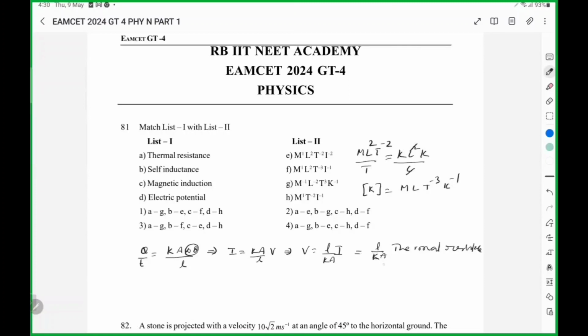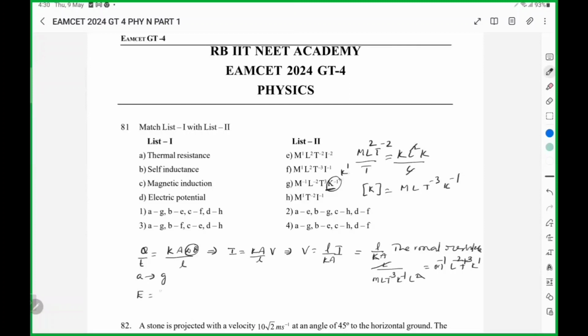Here it is L by KA, that is M^-1 L^-1 T^3 K. So here it is not minus 1, it is plus 1. So A maps to G. It is K power.